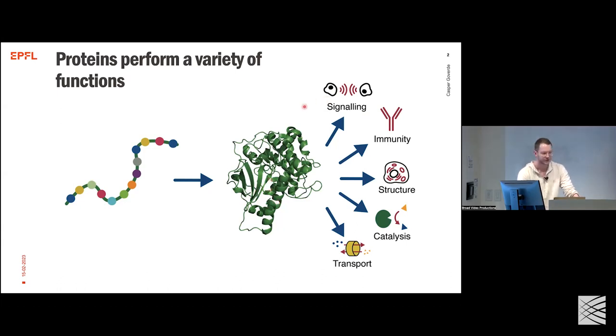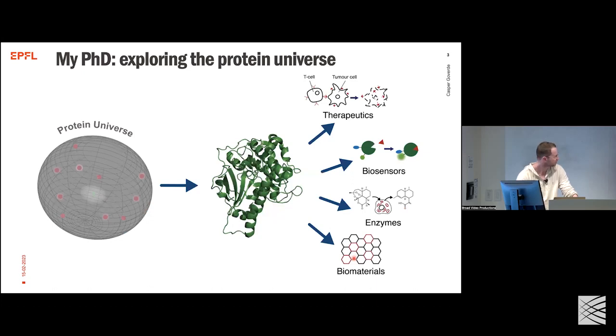And this structure in return determines its function, which can be cell signaling, immunity, it gives structure to cells, it performs biocatalysis, and it can perform transport. So it's essential in all living organisms that we know of, that they have proteins that perform these functions. Now, as Bruno explained earlier, we can think of these protein sequences and these proteins as a protein universe.